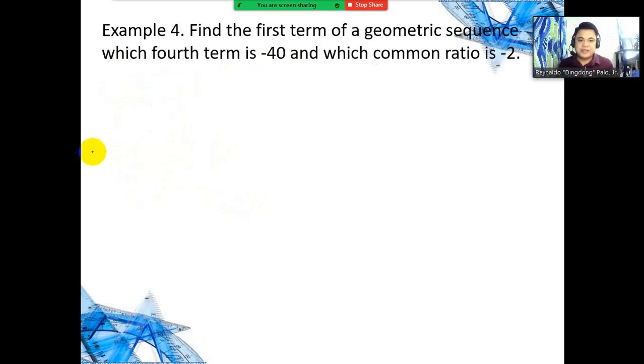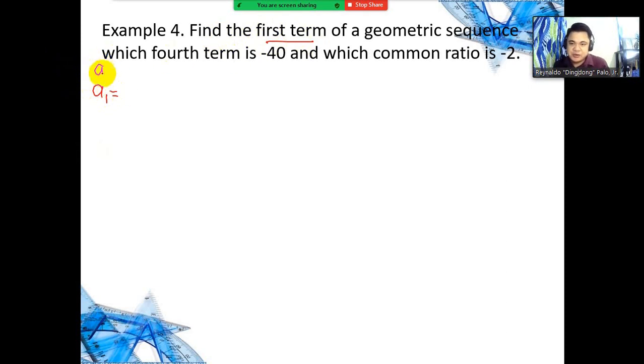Next, find the first term of the geometric sequence, whose fourth term is negative 40, and the common ratio is negative 2. Okay, so the unknown value is not the indicated term, because the indicated term is already given, which is a sub 4 equals negative 40. So therefore, we are looking for a sub 1. So that's the unknown value.